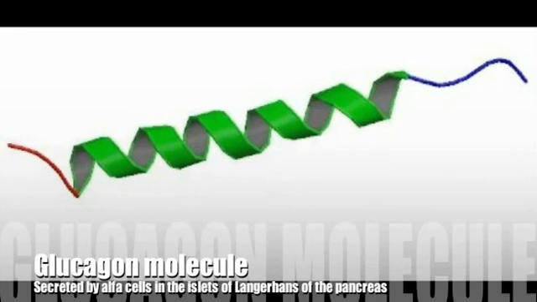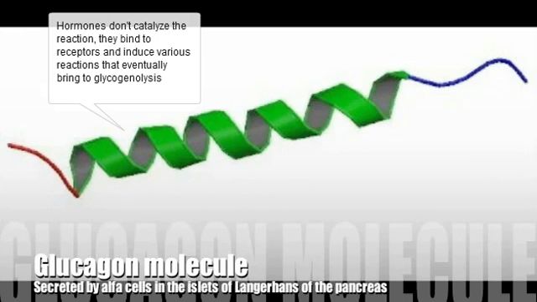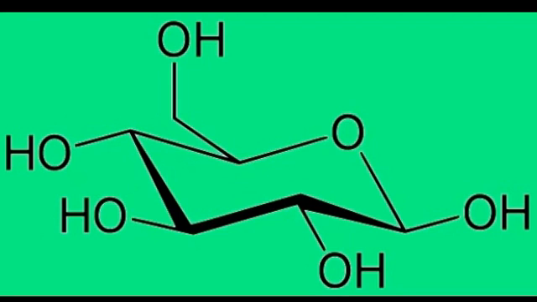Now, this happens only when you need a lot of energy immediately and you don't have enough already in the bloodstream. So there are certain hormones which are going to catalyze the lysis of glycogen, and these are like glucagon, which is secreted by the alpha cells in the Langerhans islands in the pancreas, or also by adrenaline.